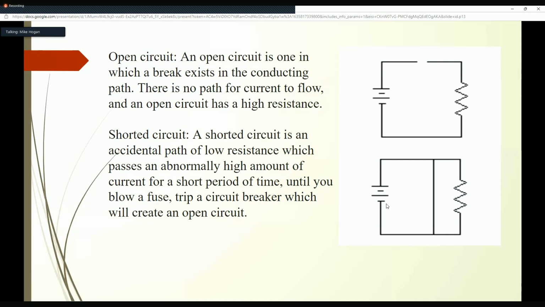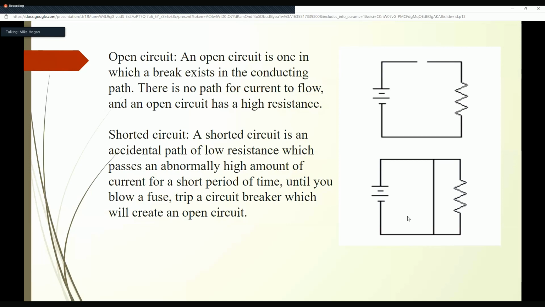Now we have a secondary path, so electrons will go through this path and back as opposed to going through the load. And what happens is you're going to have an increased current flow in this area where you have the short, because it's not an intended path for current to flow.